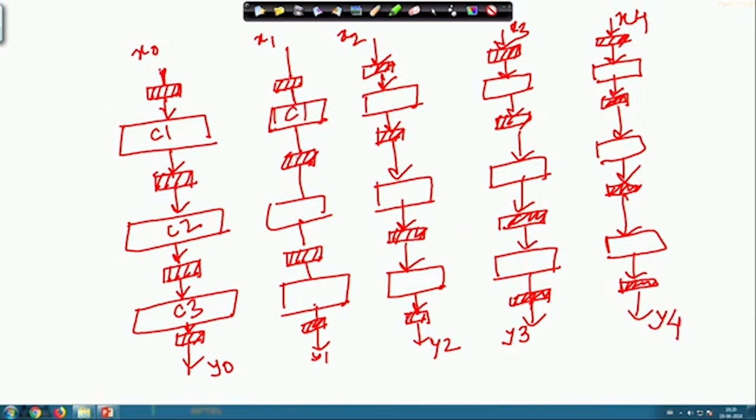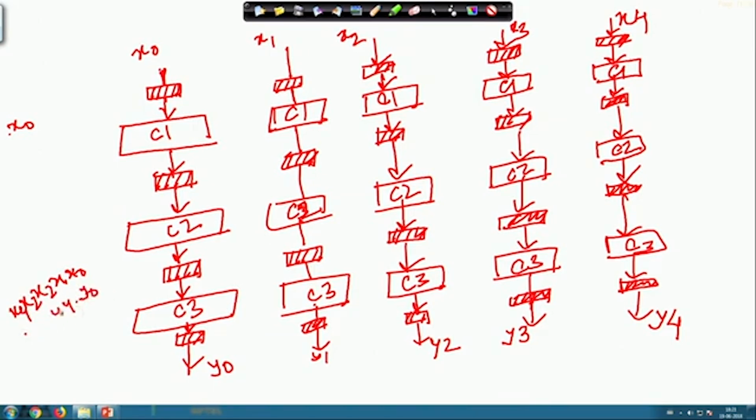And all are, this is C1, this is C2, this is C3, sorry, this is C2, again C1, C2, C3, C1, C2, C3. And what I said, actually my data are coming like this: x0, x1, x2, x3, x4, and I need the output to come like this: y0, then y1, y2, y3, y4, something like this.